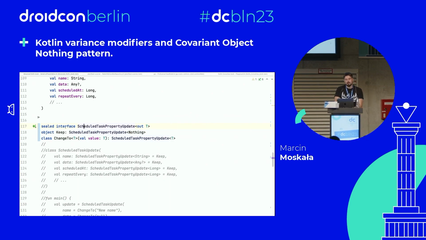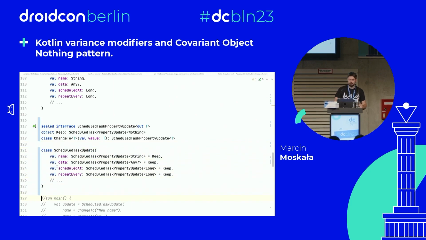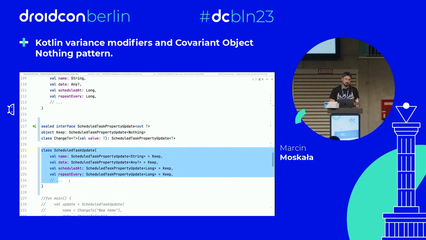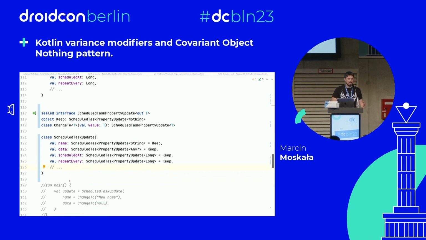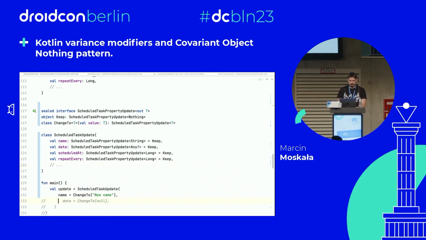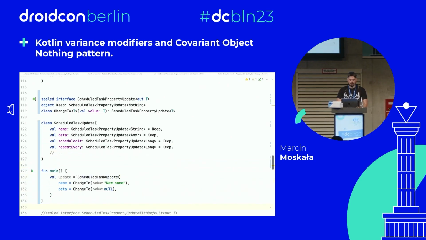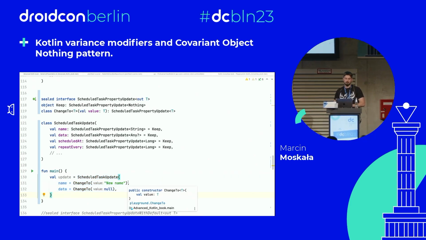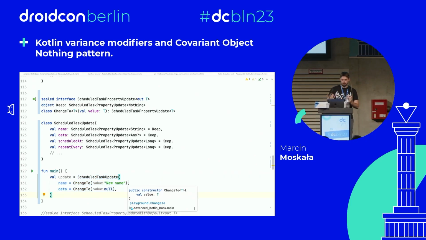This is a sealed interface, so a closed hierarchy that can express either keep or change to. And in your update task, by default, you are expressing, hey, I want to keep them all. But a user can easily express this update, which is, for some properties, keep it. For other properties, change to something else.